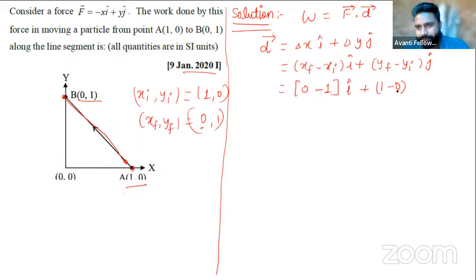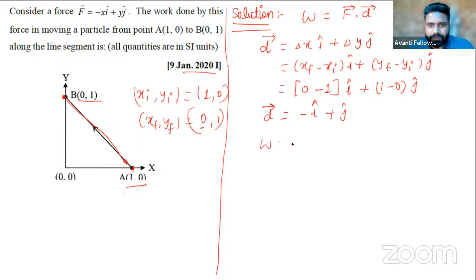The magnitude is under root 2. The answer of this question, let me find out and then we will check. Very good, you are solving this question. So it is minus i cap plus j cap. This is the final displacement vector we have.